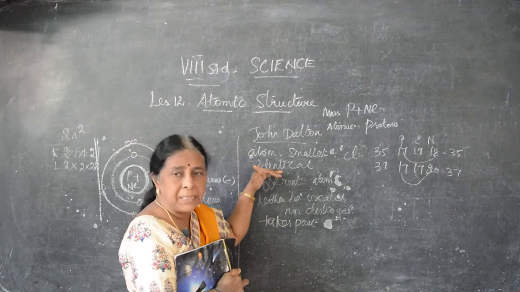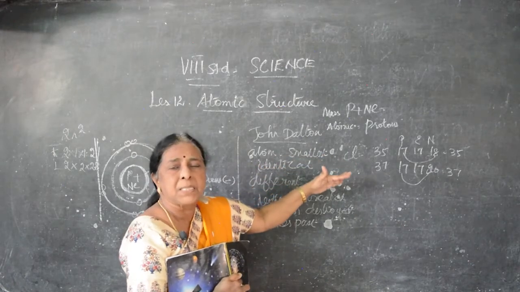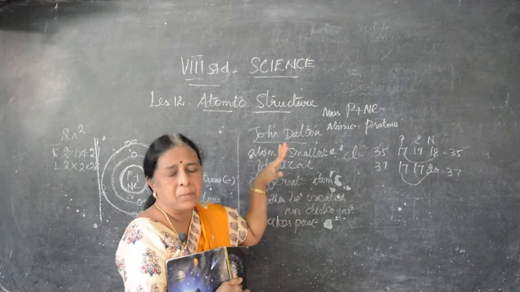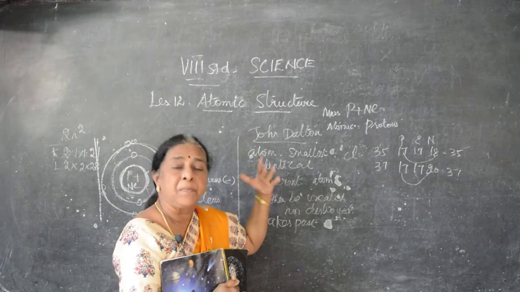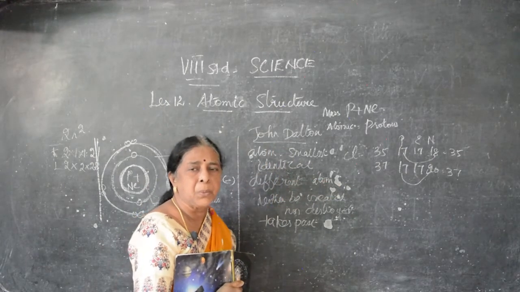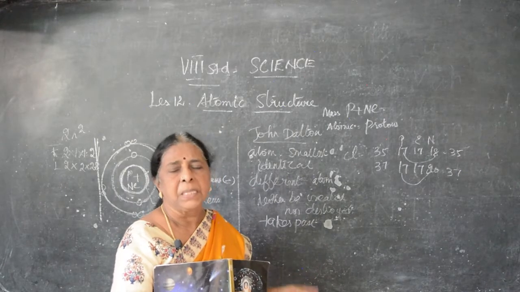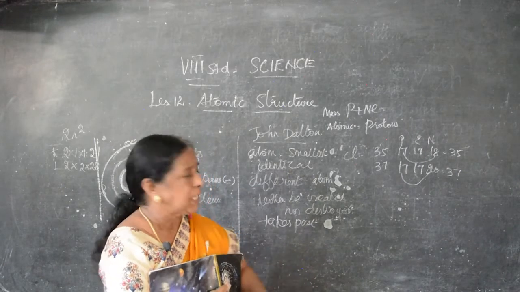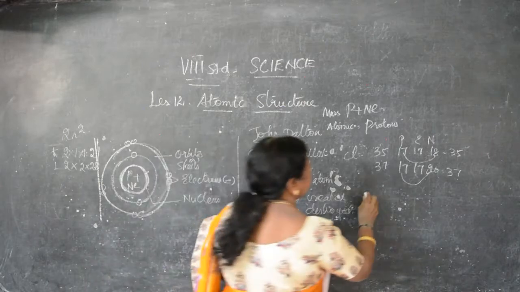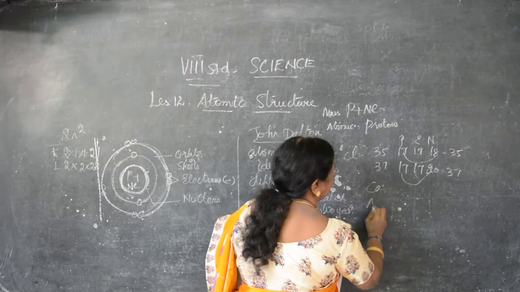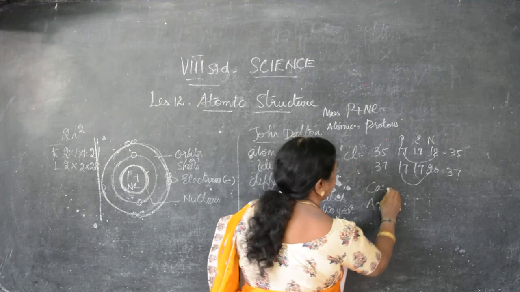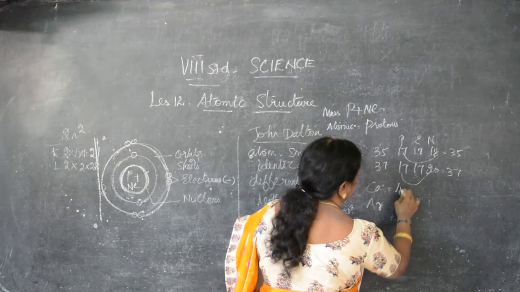It is not identical, because these are known as isotopes. Atoms that have the same atomic number but different mass numbers are known as isotopes. He also said different atoms are different, but that is also not always so, because of calcium and argon. Calcium's symbol is Ca, argon is Ar. Both have mass number 40.